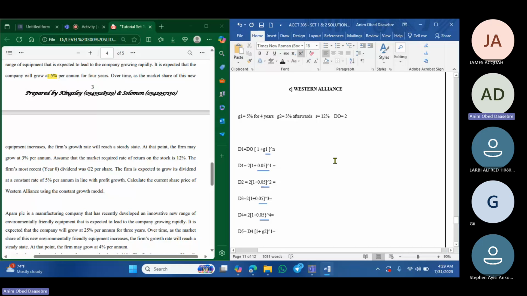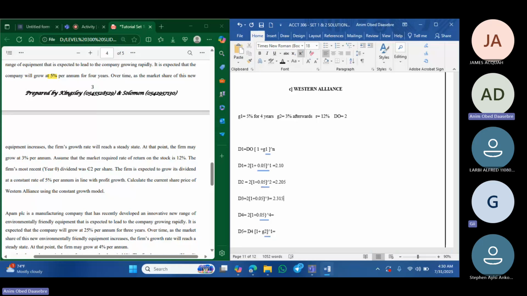Hello, D1 is what? D1 is 2.1. D2 is 2.205. D3 is 2.31525.